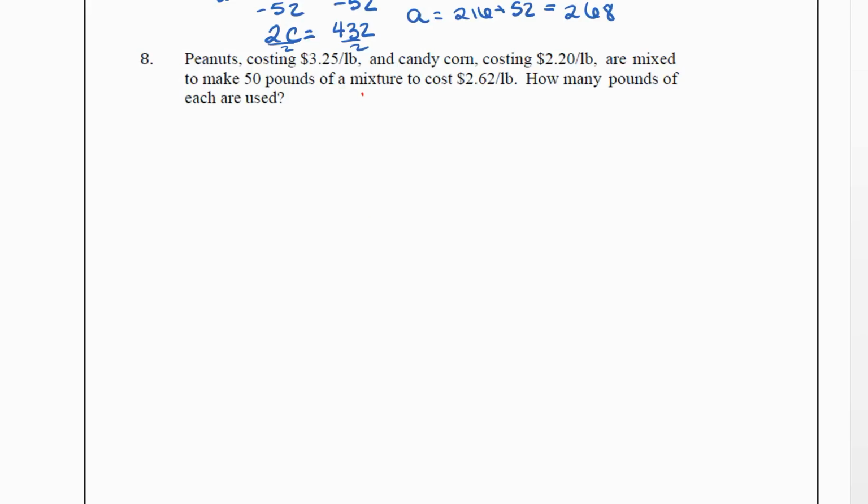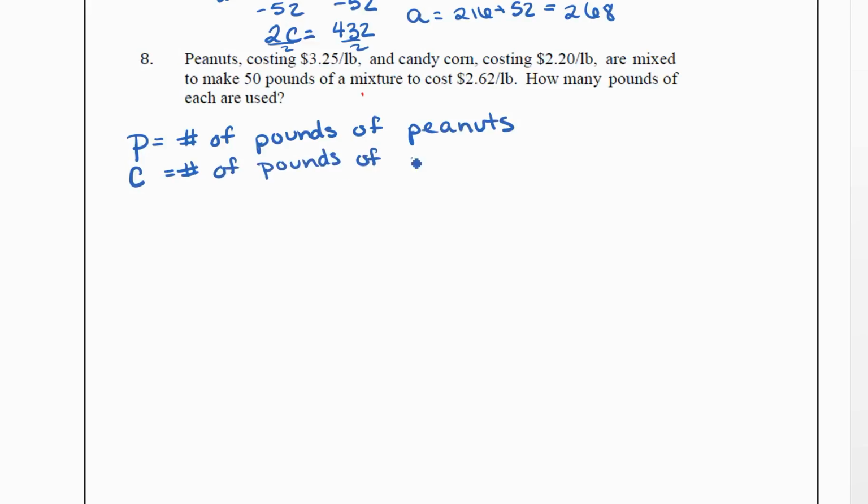So let's define our variables. We're going to let P be the number of pounds of peanuts. And we're going to let C be the number of pounds of candy corn.